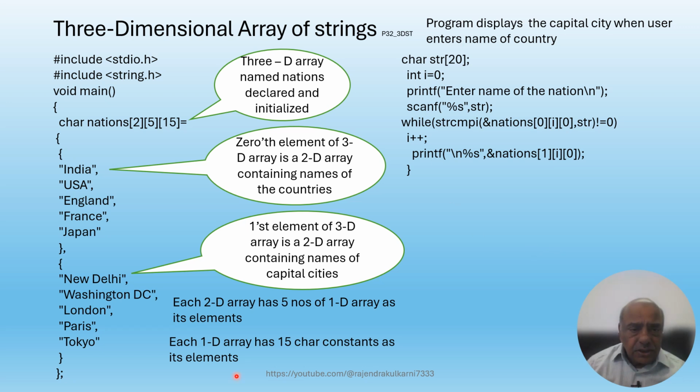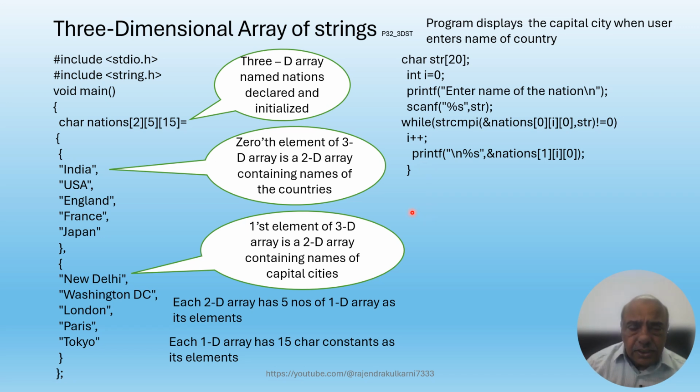Please note, in this program, what happens if no name of the nation matches with the names of the nations which are elements of the array? The while loop will become an infinite loop.